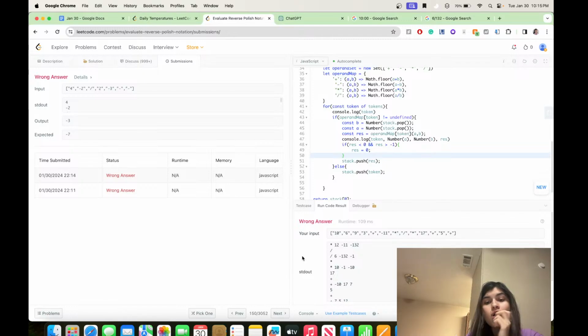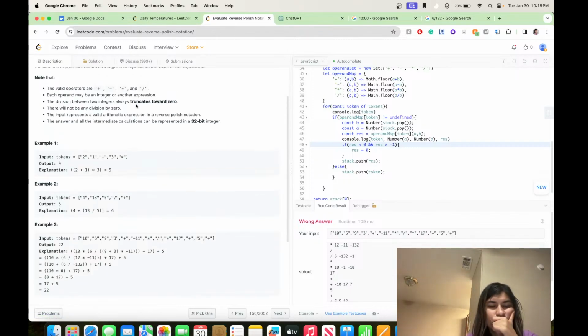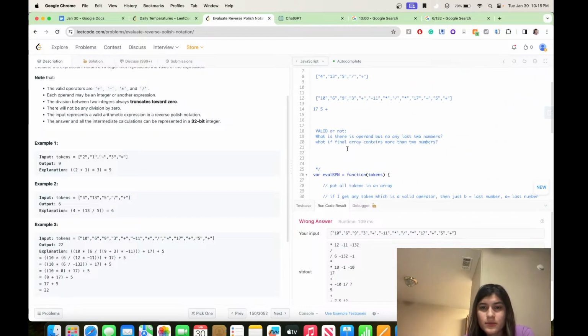Minus, oh, not -1. Yeah, I did not do this. Division between two integers always wrong. Division between two integers always truncates towards 0. I need to think about this properly.